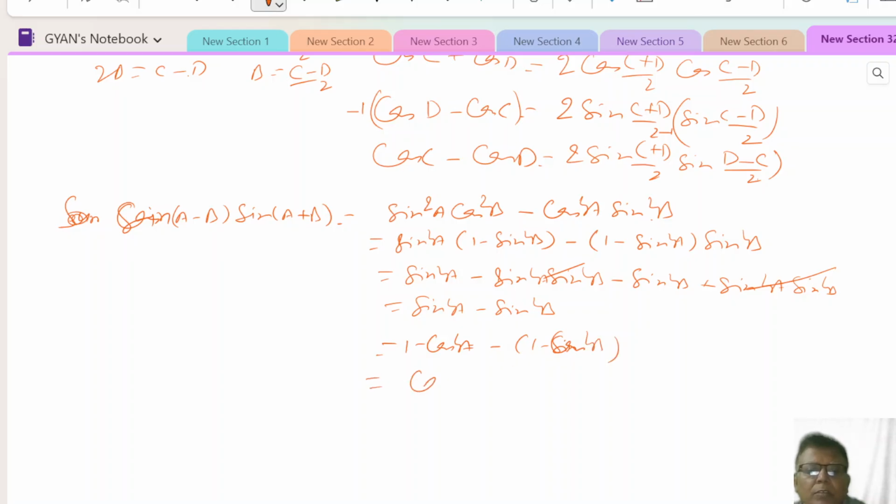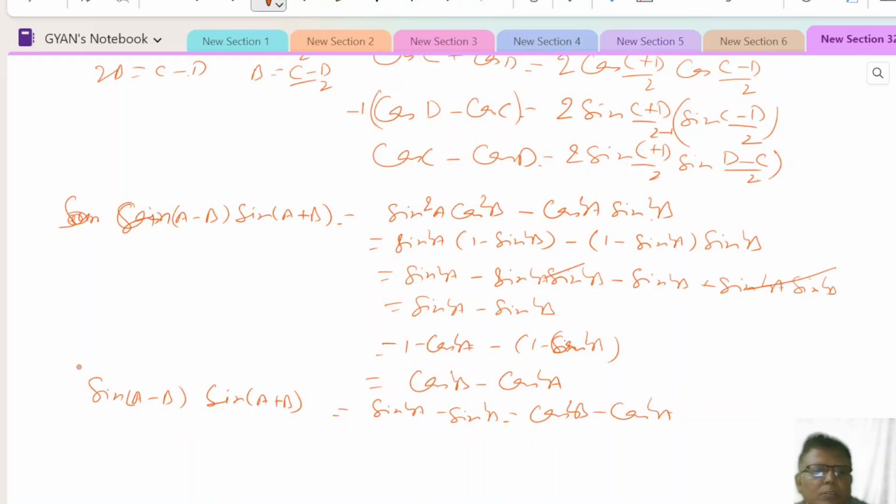So that will be cos square B minus cos square A. So sine (A minus B) into sine (A plus B) is equal to sine square A minus sine square B, is equal to cos square B minus cos square A. So this is also a very important formula.